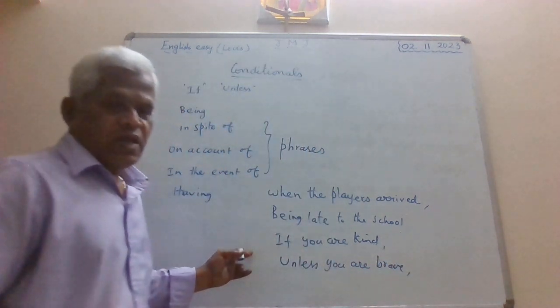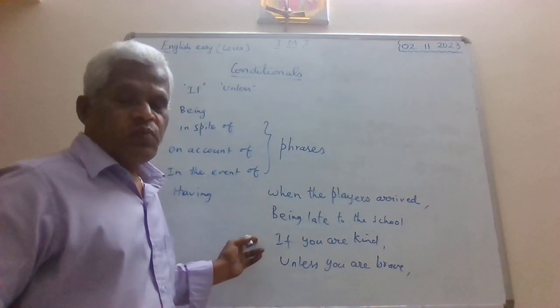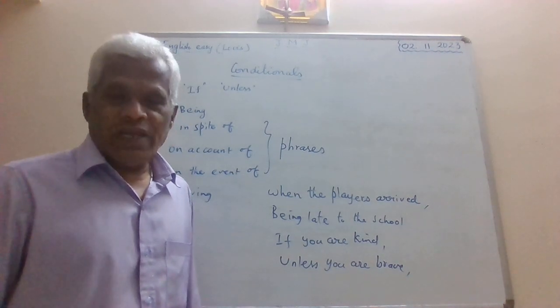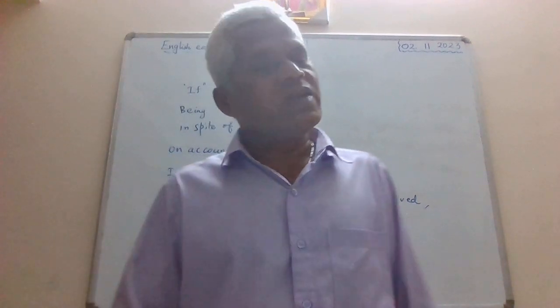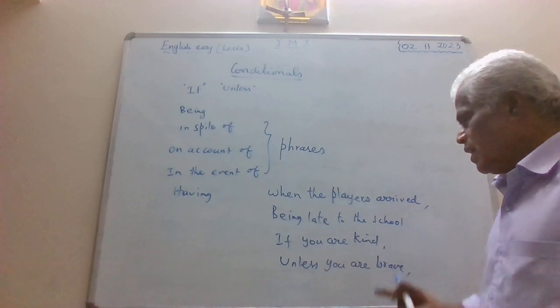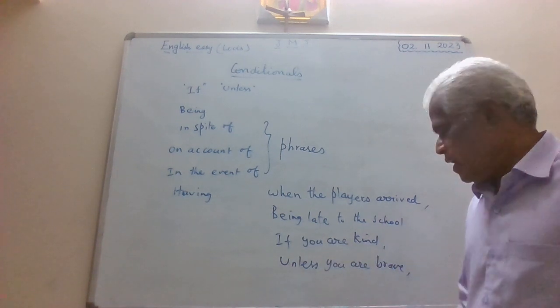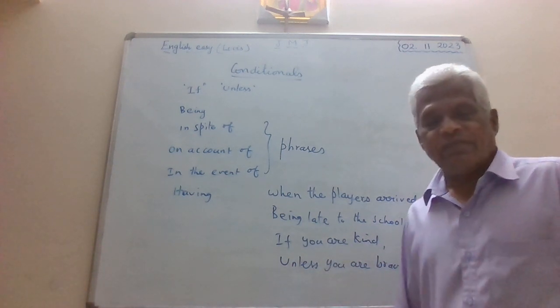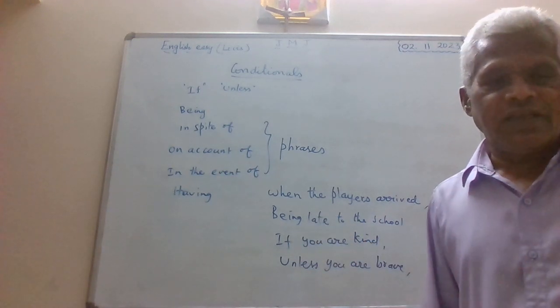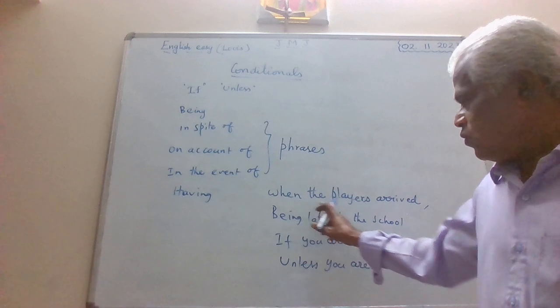So when you look at this group of words, what has come to your mind, dear friends or viewers? When the players arrive, being late to the school, if you are kind, unless you are brave. Now what do they tell you? Actually, they are groups of words.